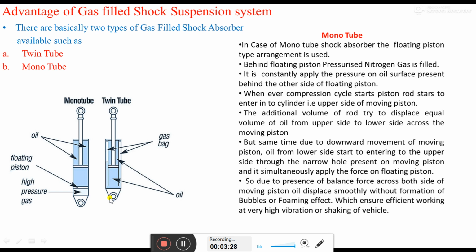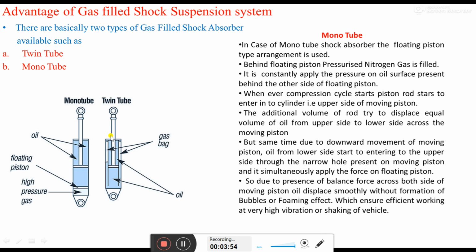This portion of the shock is bolted to the wheel, and this portion is bolted to the frame of the vehicle. So whenever a shock comes from the roadway, this entire outer tube and inner tube assembly will move upward, and this rod moves inward into the space.